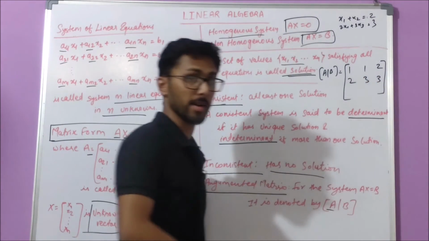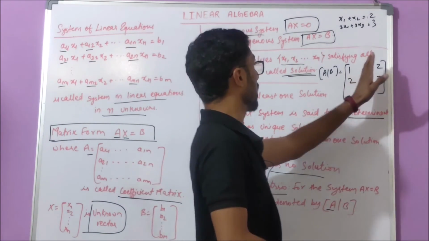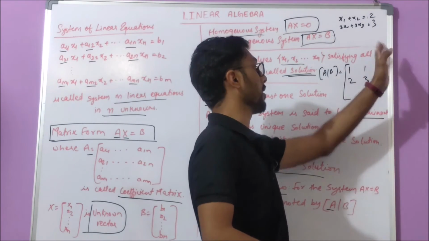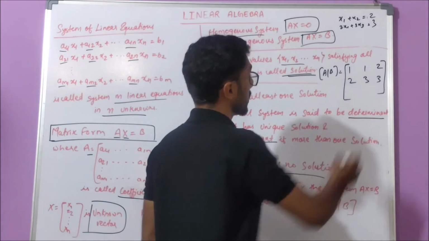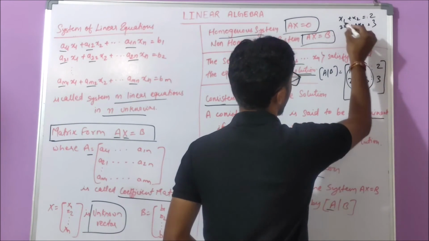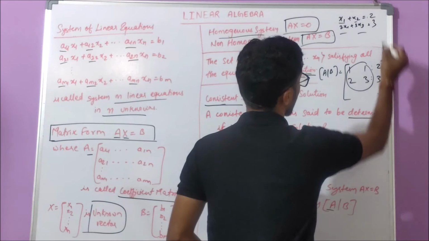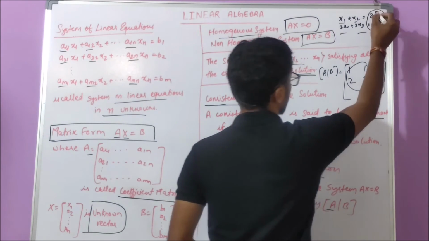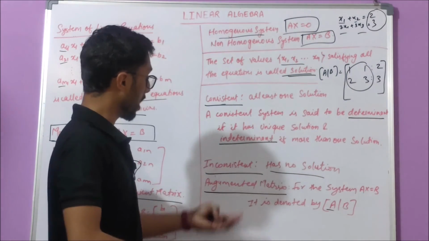This is our augmented matrix, where we are including our coefficients and the values in our RHS. These are the coefficients of our variables, and 2 and 3 are the elements which are in the RHS. So this is how we represent an augmented matrix.